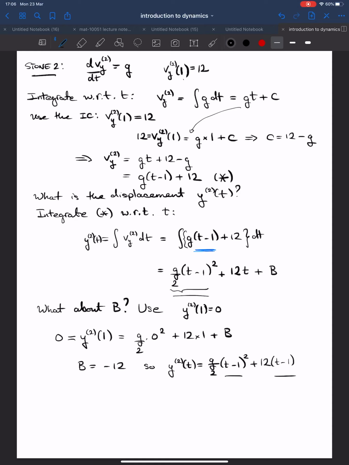So, we have to find the height of the tower. That's the end message. We have to find the height of the tower, h.